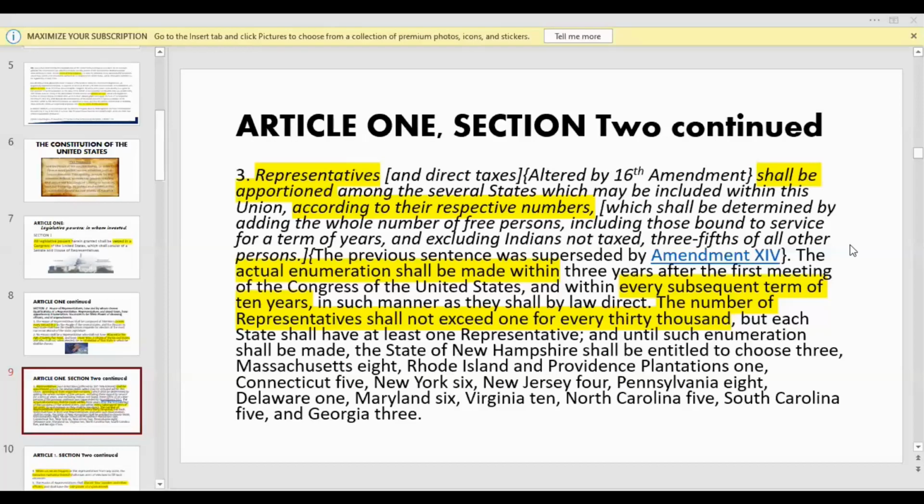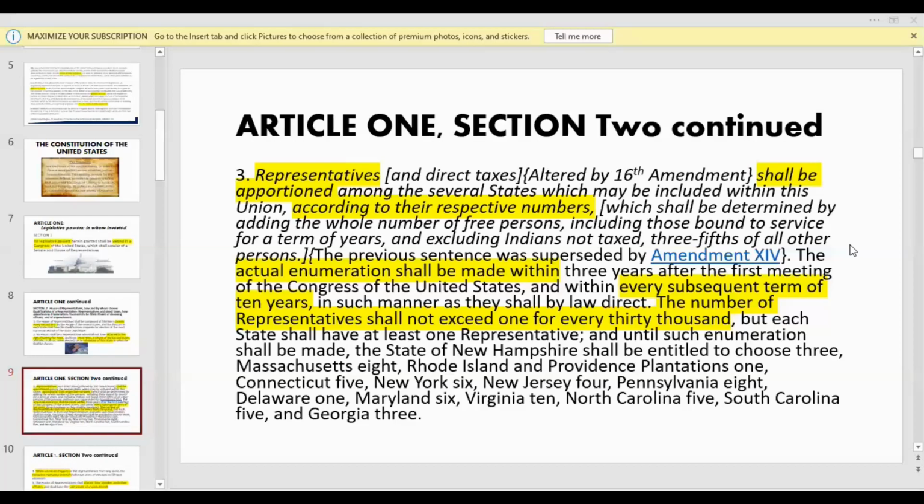So a small state, even if it didn't have 30,000, would still get one representative. And they just arbitrarily said that the very first Congress would have these numbers of representatives assigned until, obviously, the first census is conducted, and that would happen in 1790.